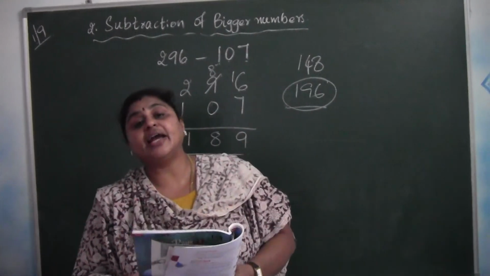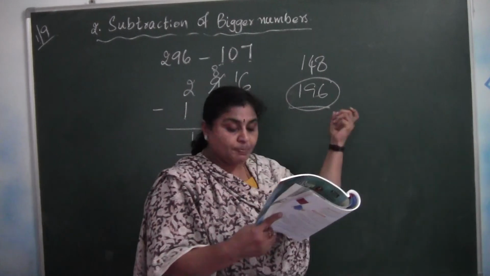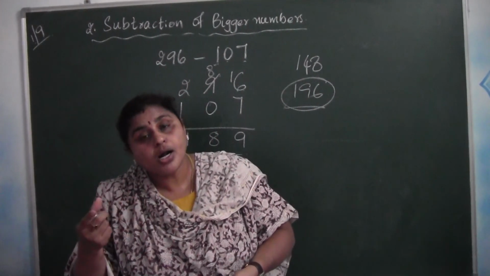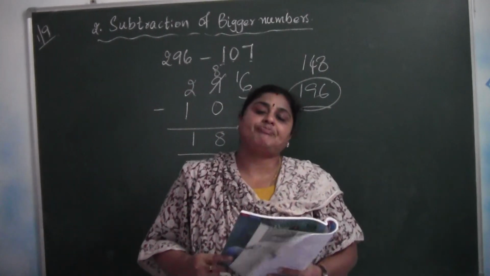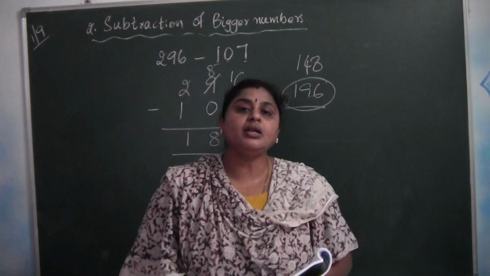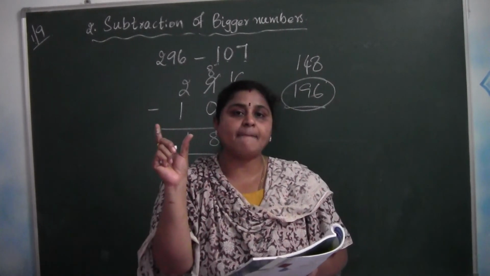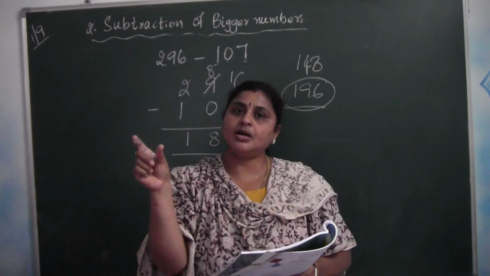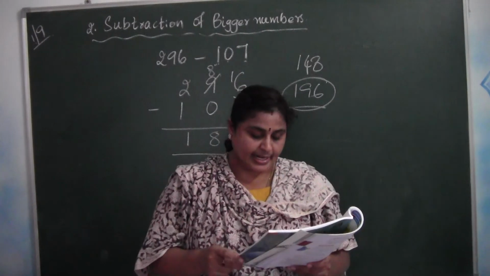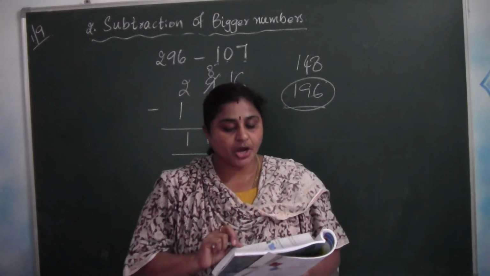You have to find out how many more bangles Jyoti purchased than Manju. How many more? Again, it indicates that you have to do subtraction in the given word problem. Okay, children, first arrange the bigger number, then the smaller number, and subtract these two numbers. Got it? Next. Now the last one you are going to try on your own.